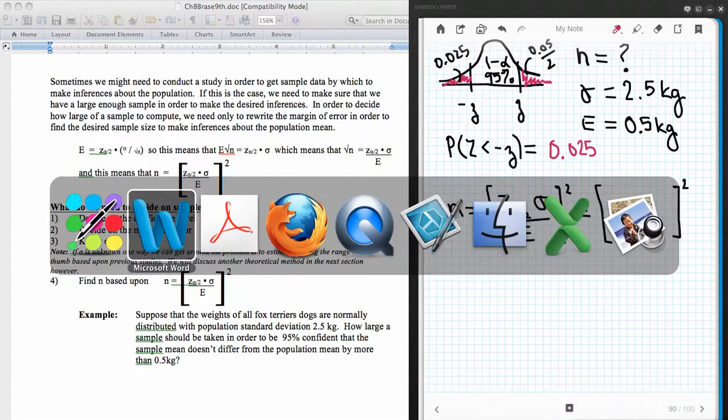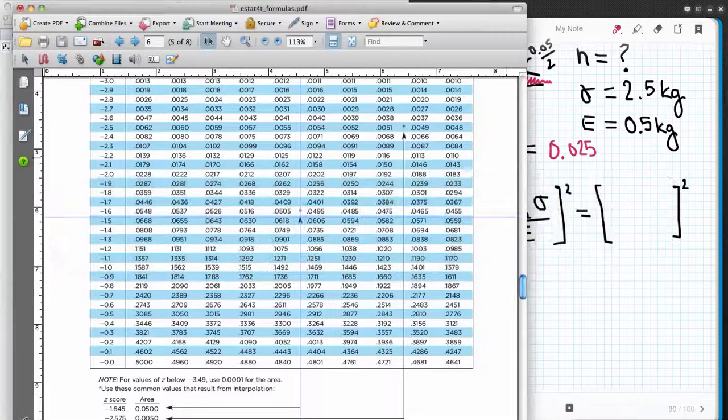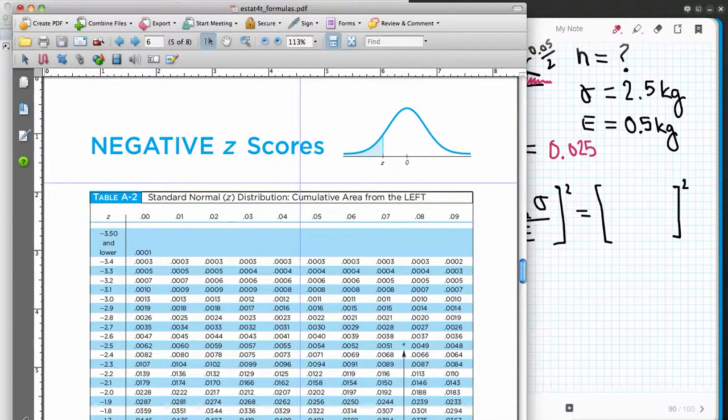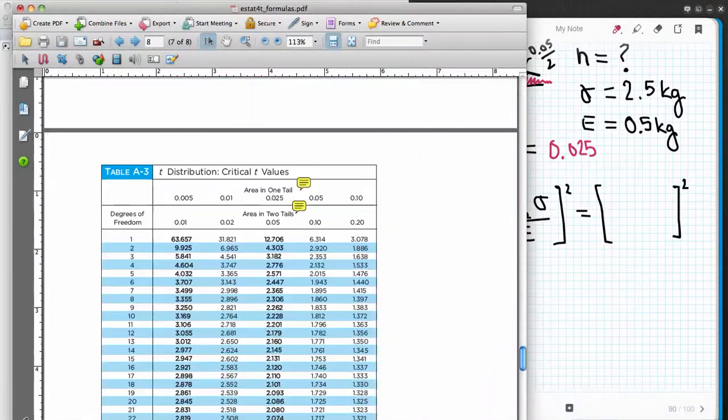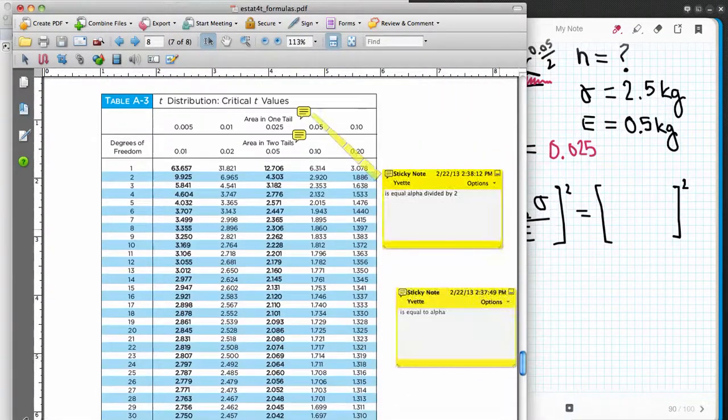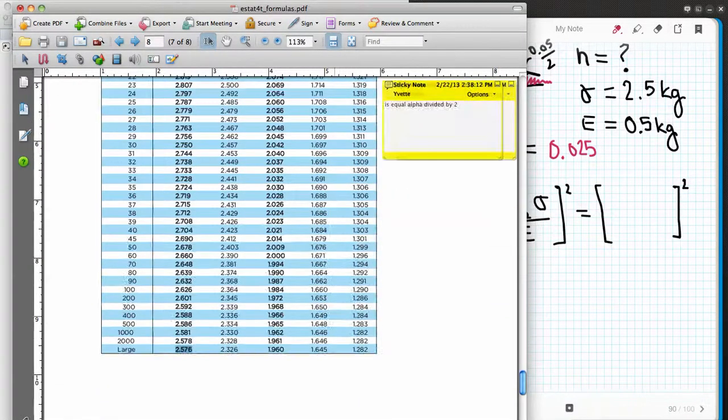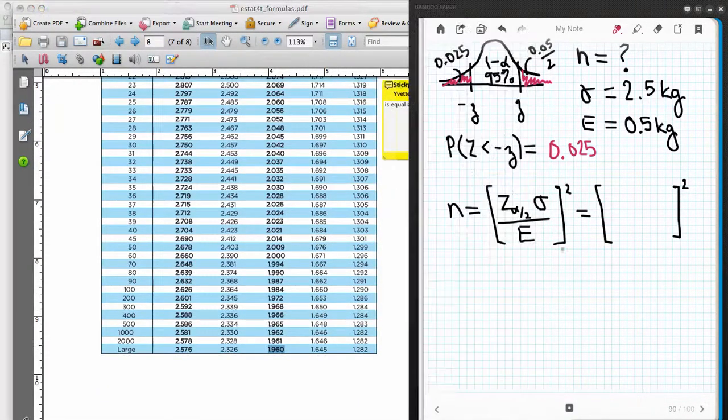So now let's go ahead and take a look where we can get that in the table. So remember again, this is the z. If I'm using this t-table, which is easier, remember, and I have the area in one tail, that's 0.025, and remember in two tails, 0.05. So I look down at the bottom and you see 1.96.